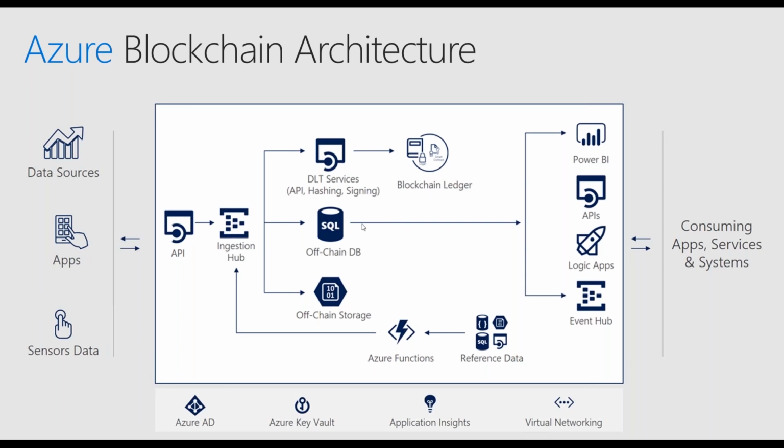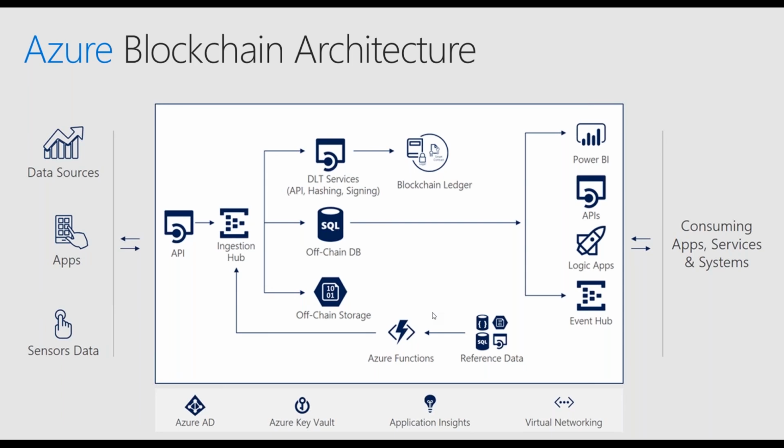You can connect different data sources, different apps, even IoT devices to an ingestion hub, basically a hub that collects data from different sources, and this data flows into the digital ledger, the blockchain ledger, if you want to store something in an immutable storage, like an audit trail.